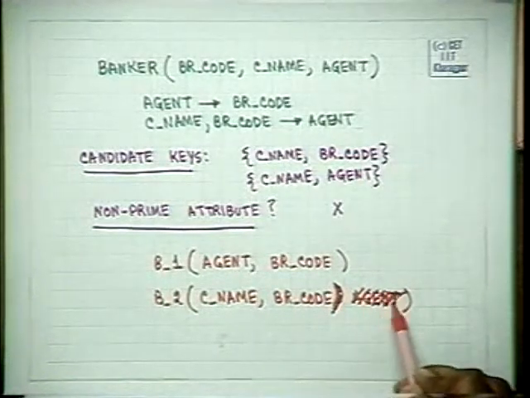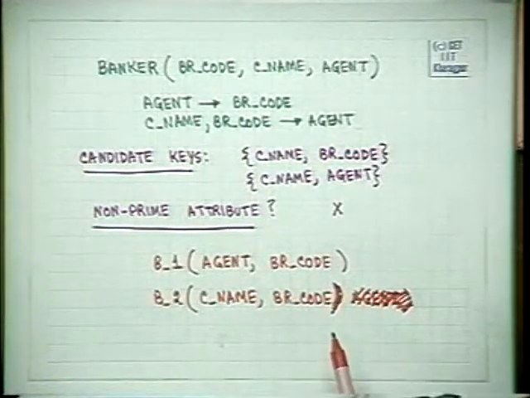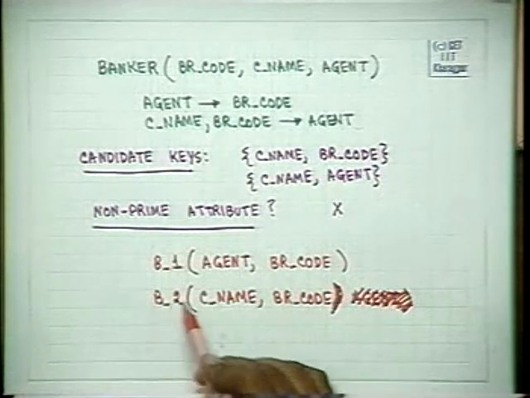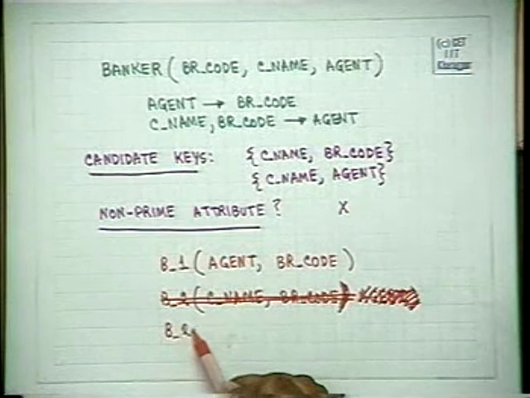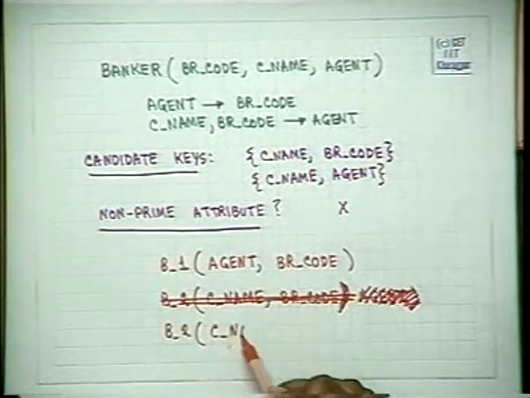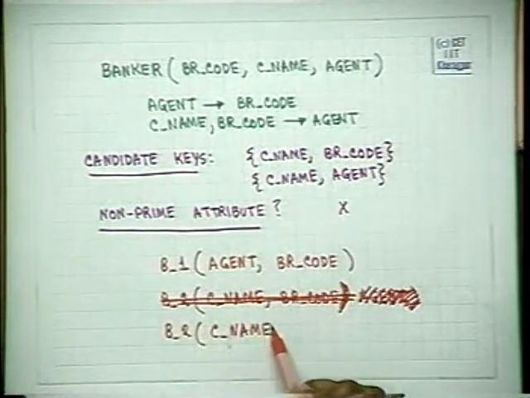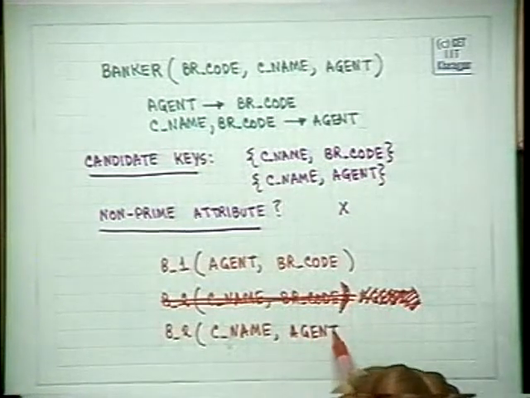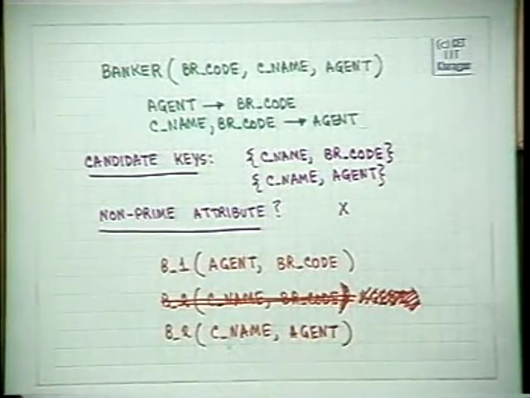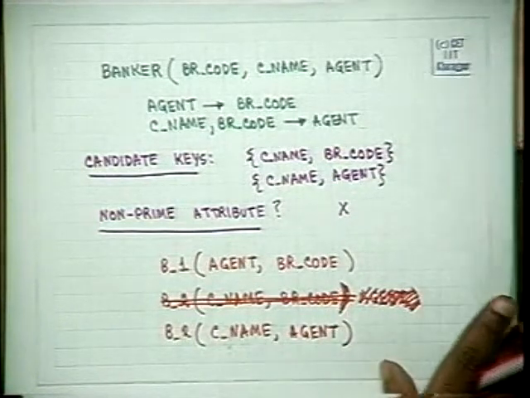Why will agent be there? No, this is customer name and agent. This is the correct decomposition. I'll do it again once more.